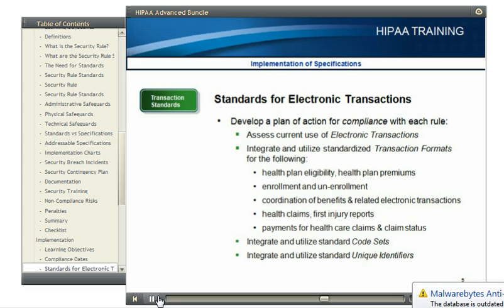Integrate and utilize standardized transaction formats for the following: health plan eligibility, health plan premiums, enrollment and unenrollment, coordination of benefits and related electronic transactions, health claims, first injury reports, payments for healthcare claims and claim status. Integrate and utilize standard code sets. Integrate and utilize standard unique identifiers.